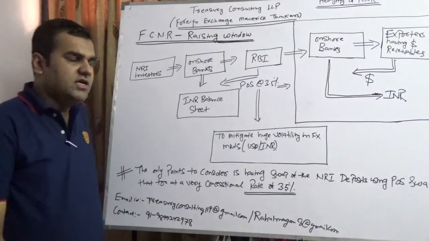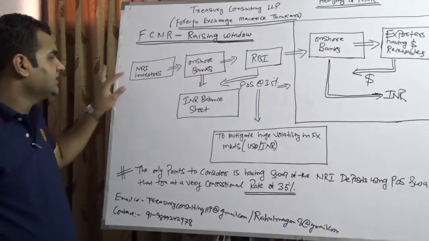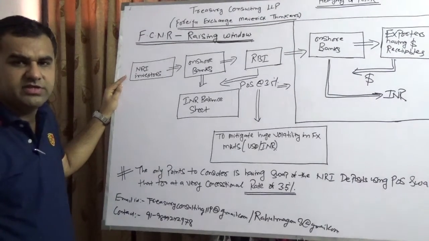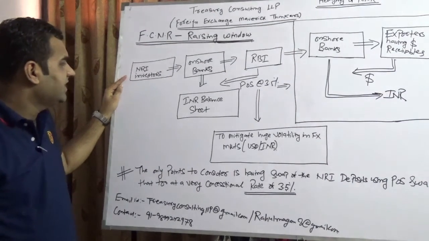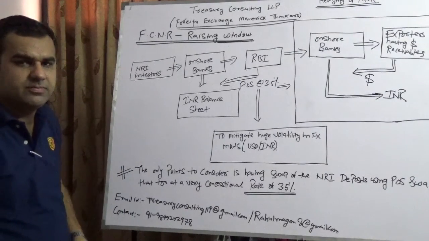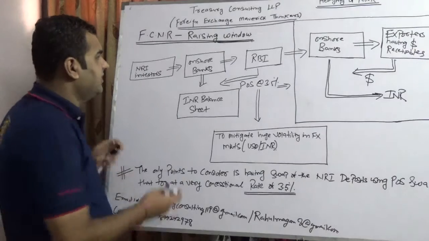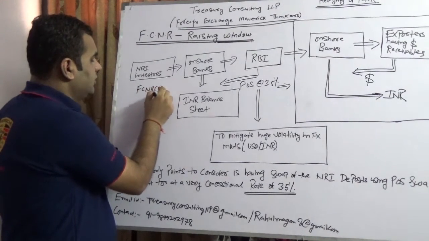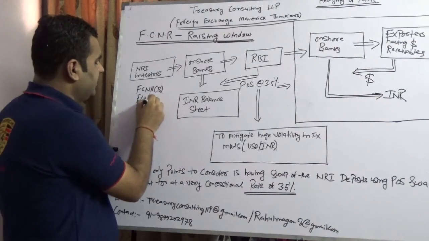What he did, he asked the NRI depositor or NRI investor. NRI stands for non-resident Indians. He asked NRI investors to give dollars to onshore banks in the form of a deposit. Henceforth, we are using the word FCNR deposit, foreign currency non-resident bonds or foreign currency non-resident deposits.